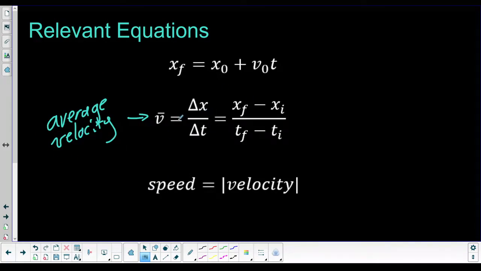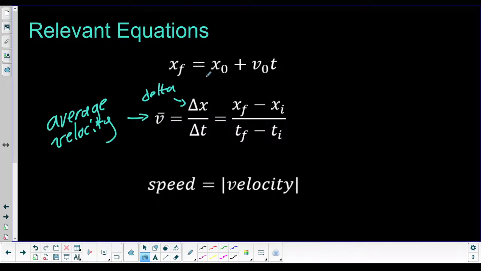Your average velocity equals delta. That's the Greek letter delta. It's technically the capital Greek letter delta. There is a lowercase version, but delta x, or delta position displacement, divided by delta time, or t. So average velocity equals delta x over delta t.